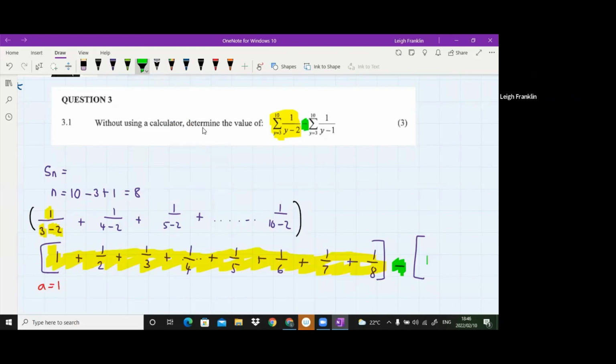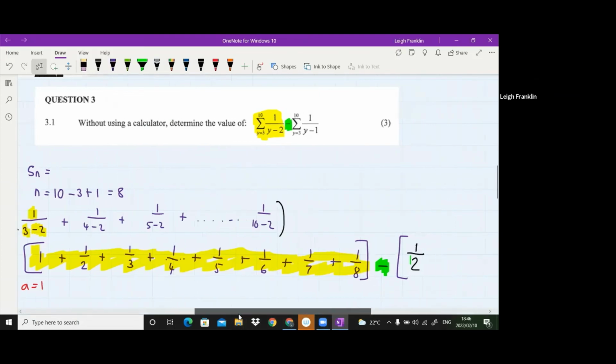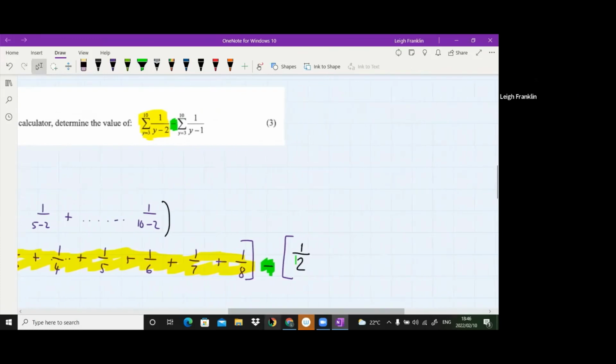Now I'm going to work out what the first term in my second sum is going to be. When I start subbing in here, I end up with 1 over 3 minus 1, which is 2. How many terms are there? 8. There are 8 terms. So what's the next term going to be? I started subbing in at 3, so now I'm subbing at 4.